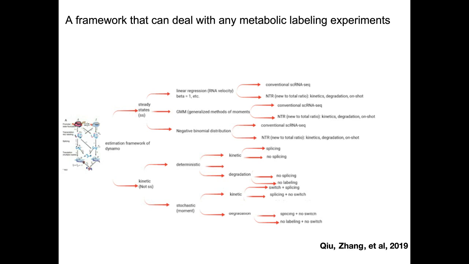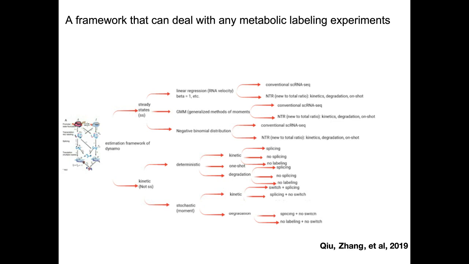On the other hand, for the kinetic assumption, we use two different models, the deterministic and the stochastic model. For the deterministic model, we can use it to deal with kinetic, one-shot and degradation experiments. And we also need to deal with different data types, like if your data has splicing or no splicing, or if your data has labeling or no labeling.